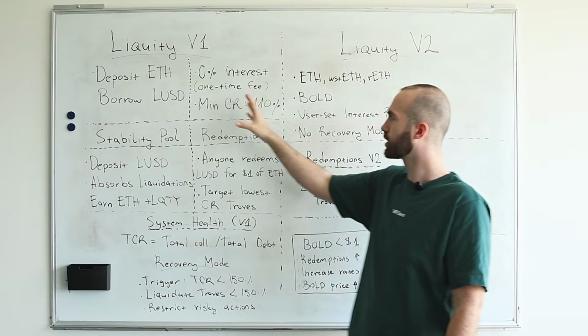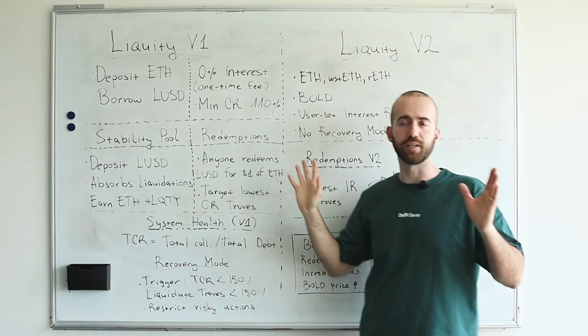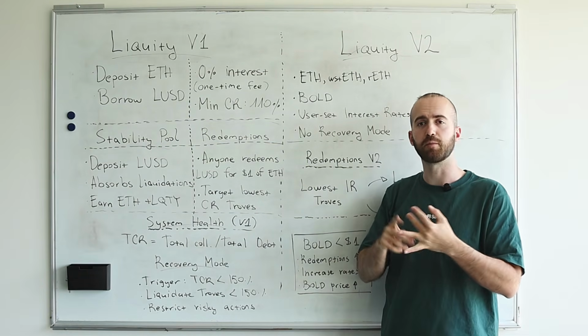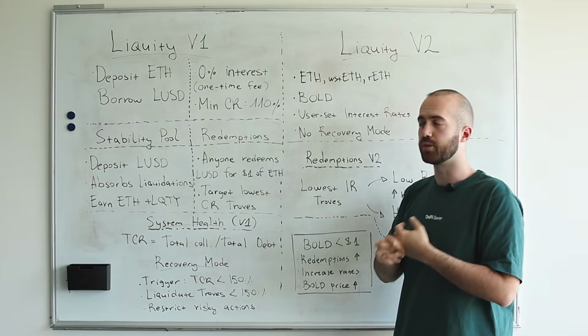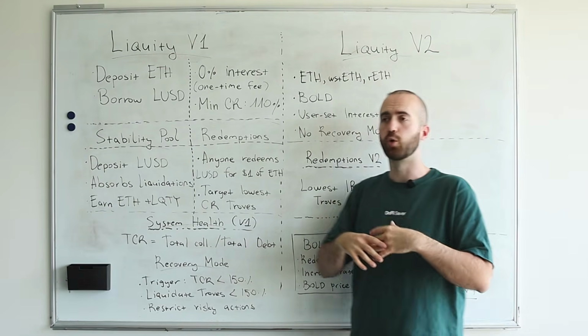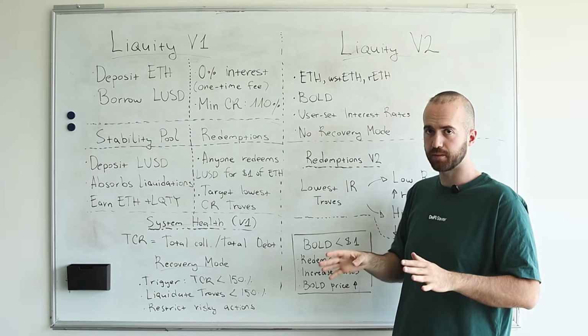So how does it work? It lets you deposit ETH and borrow LUSD. That's it. It takes ETH as collateral and it mints the stablecoin LUSD when you borrow it. There's no additional collateral, no real world asset or TradFi exposure. It's purely ETH.